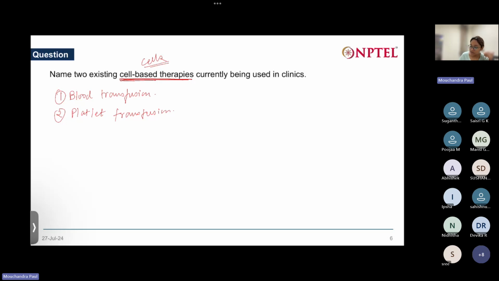Similarly, there is also bone marrow transplantation. Here, what happens? It is not generally done routinely, like for routine people. This particular treatment is for those who are undergoing or are going to undergo some chemotherapeutic treatment, like they have some cancer, and they are now going to undergo chemotherapy or radiotherapy.